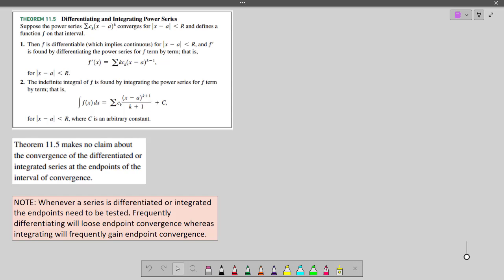You can do the same thing with integration. You can integrate your power series by adding 1 to the exponent and dividing by the new exponent, and you still have that. Now, the one drag about derivatives and integrals of power series is right there.